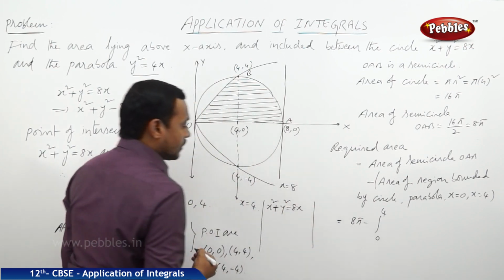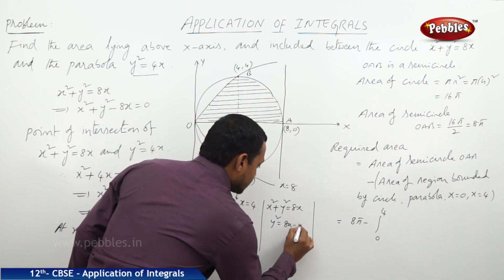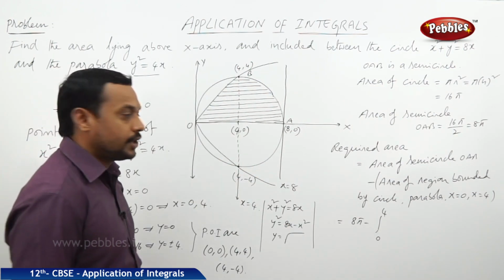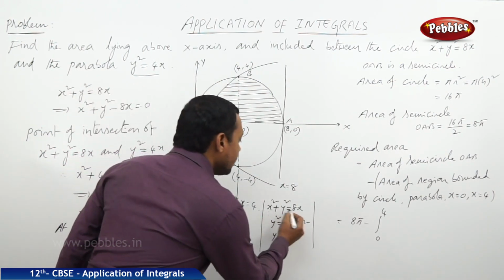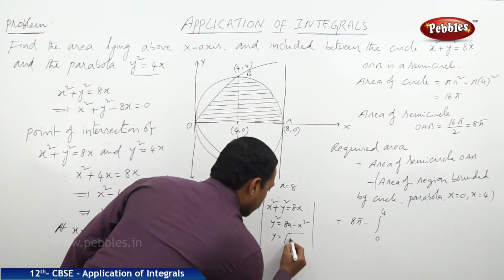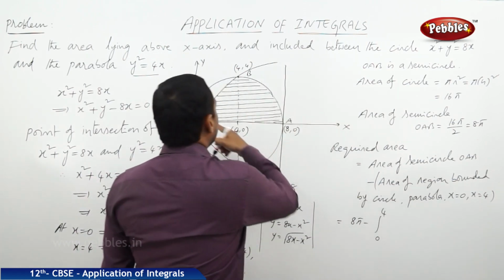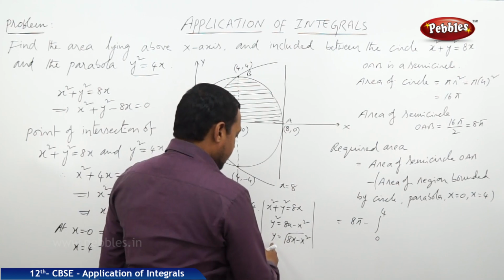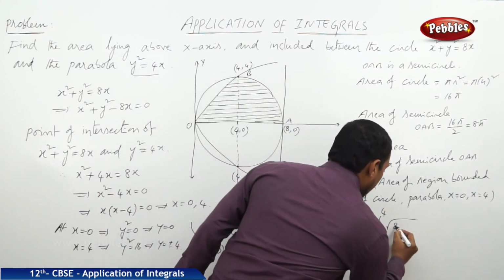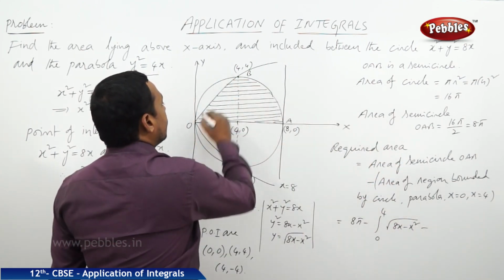From this, y square is equal to 8x minus x square, and y is equal to root of 8x minus x square. Therefore, the upper curve is the circle, y is equal to root of 8x minus x square, minus the lower curve.